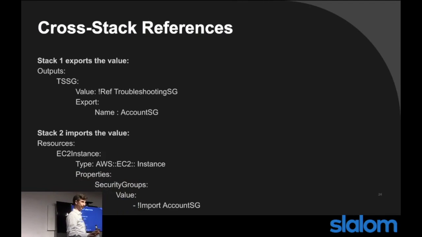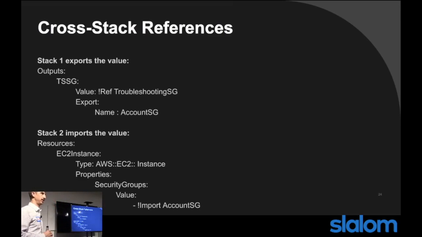So sorry for throwing a little bit out here. But with that, it needs that security group. So stack two is saying, hey, I want the account security group information from stack one. All right? So do we see how this might be applied in between stacks and everything? Okay. So any questions on this?